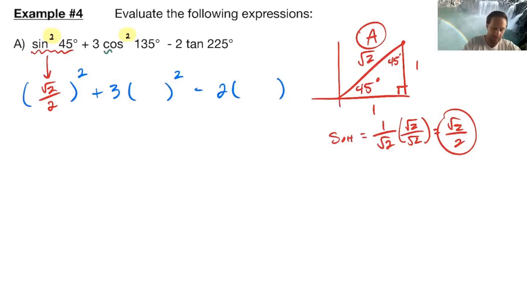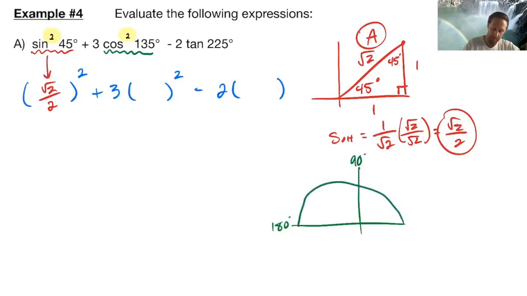So the next one I'm looking at now is the 3 times the cosine of 135 quantity squared. So I now need to find the cosine of 135. When I go to draw this out, I already know that that's less than 180 and more than 90. And 135 means I'm going to go 180 back 45 degrees or 90 plus 45. However you get there, just make sure you get there for that reference angle.